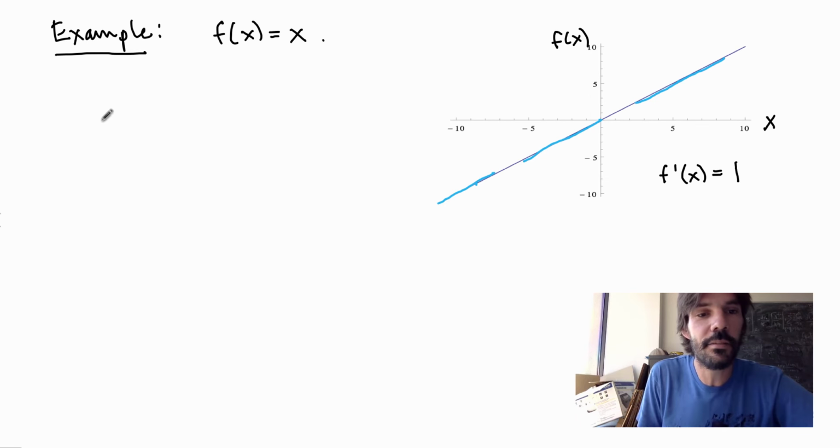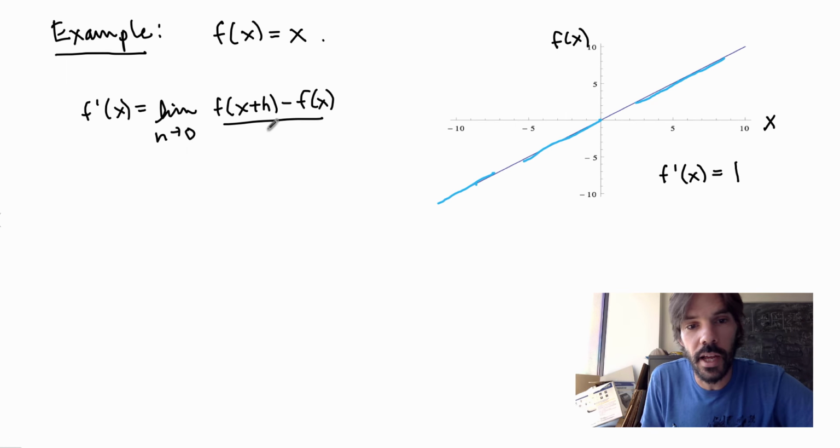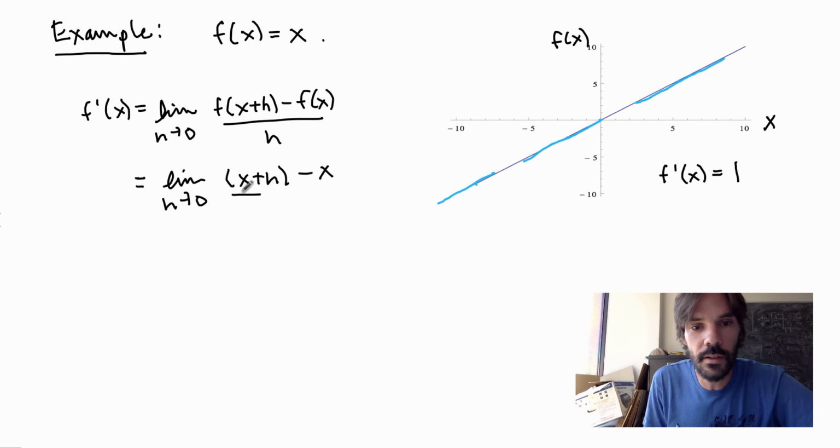So let's calculate that. Well, f prime of x is equal to the limit as h goes to 0 of f of x plus h minus f of x divided by h. So I can replace the function here by the function we've chosen, which is just x. So I get the limit as h goes to 0 of x plus h minus x divided by h. Now you see that the two x's cancel.